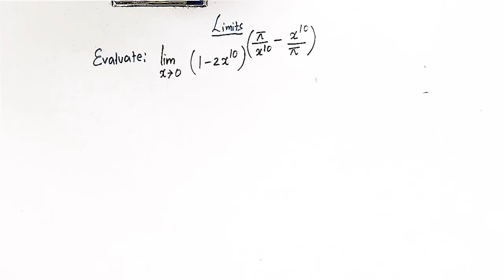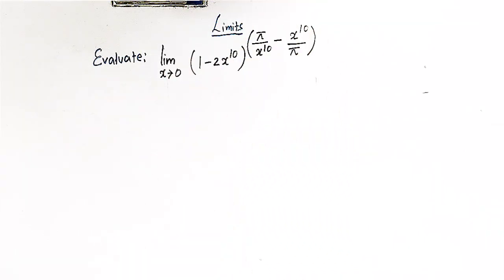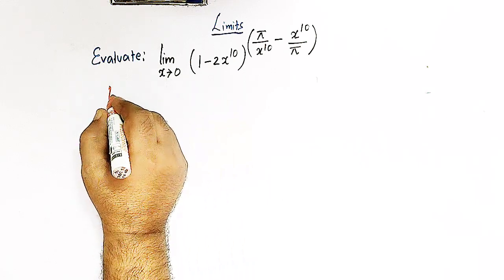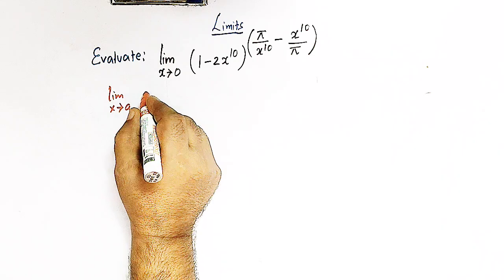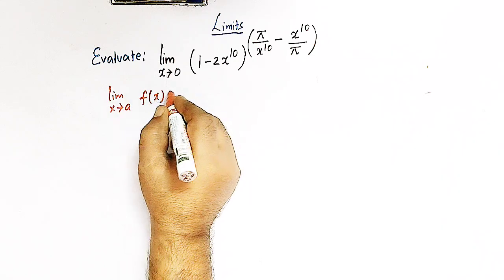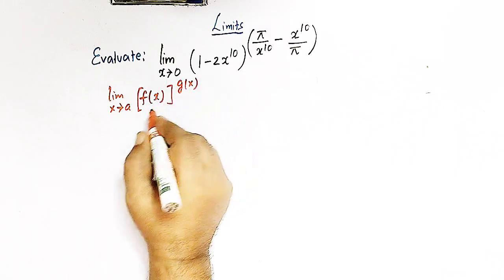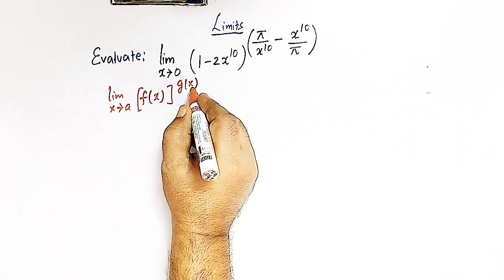And let us first discuss the technique or the process which is going to be used here to evaluate this limit. So now let us consider a limit of this form, that is limit x tends to a, and if we have two functions, say f of x and g of x, such that f of x is raised to this function g of x, right?